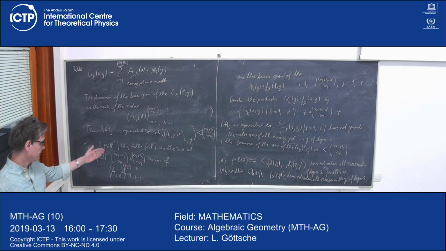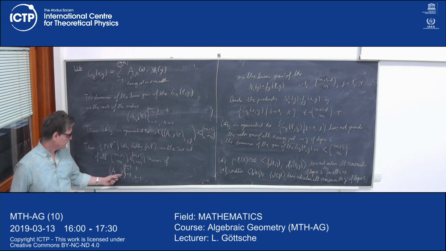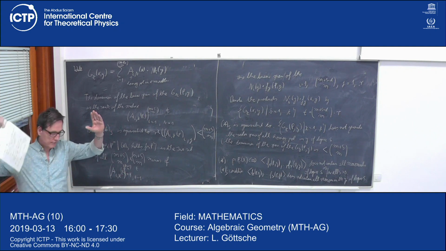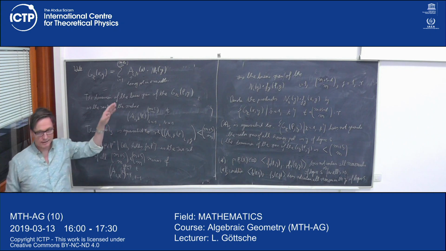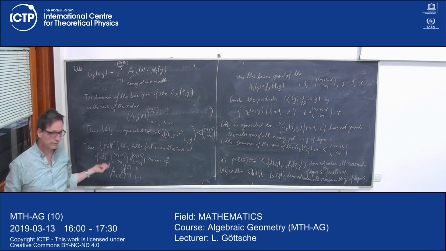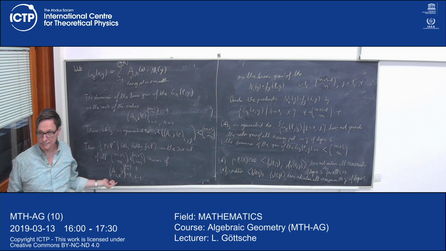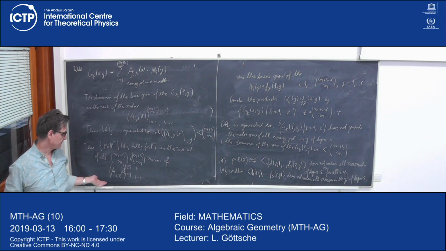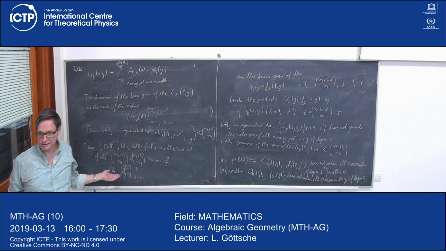So each of these minors, so you have this big matrix, the minor is the determinant of the corresponding submatrix, so this is a homogeneous polynomial of some degree. So it's a common zero set of some homogeneous polynomials of degree d.